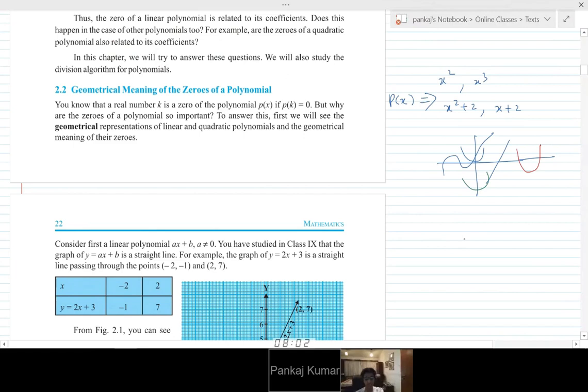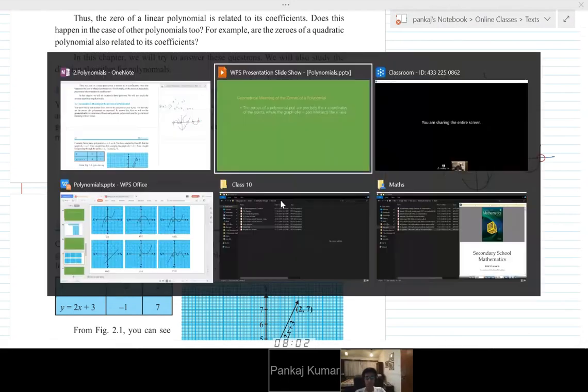Wherever they intersect the x-axis, that is the zero of the polynomial. Now we'll go one by one: first the linear, second the quadratic, third the cubic one.